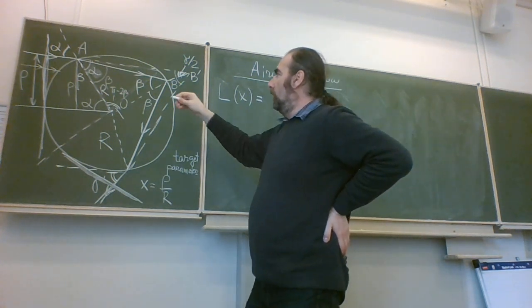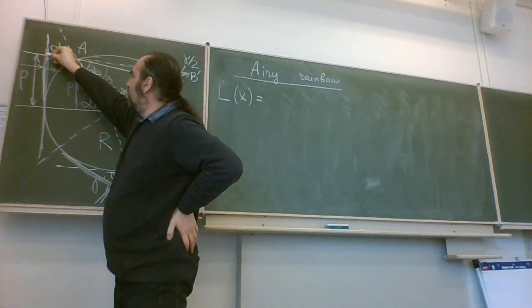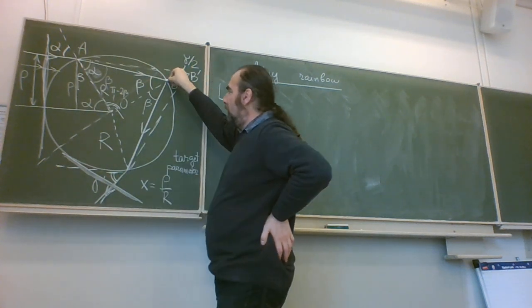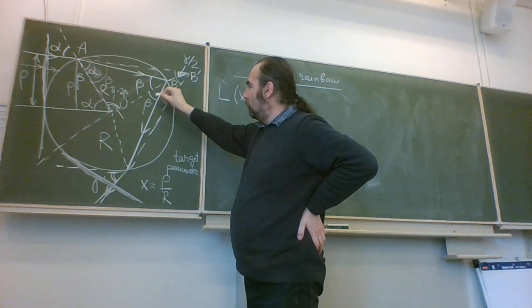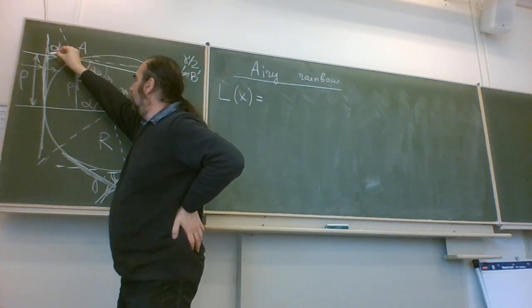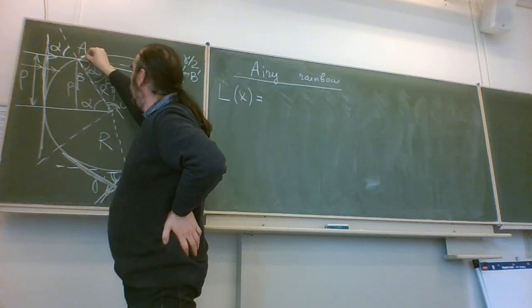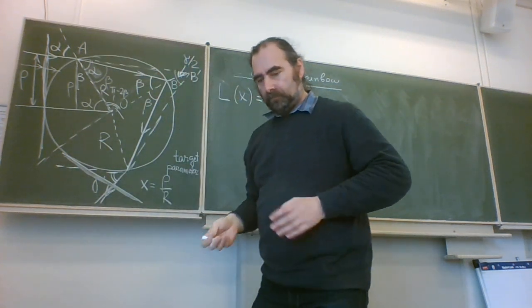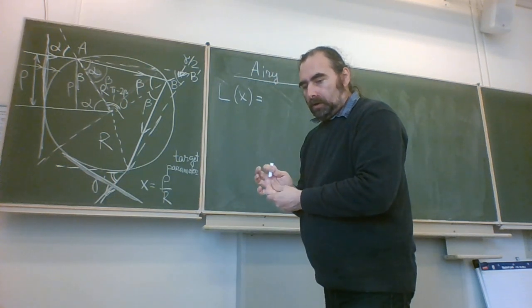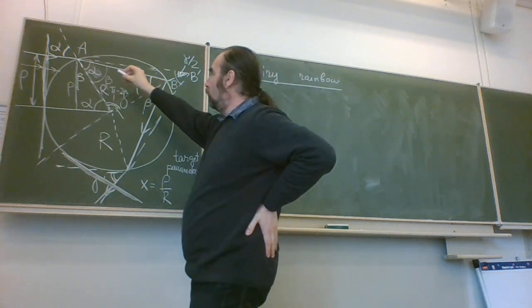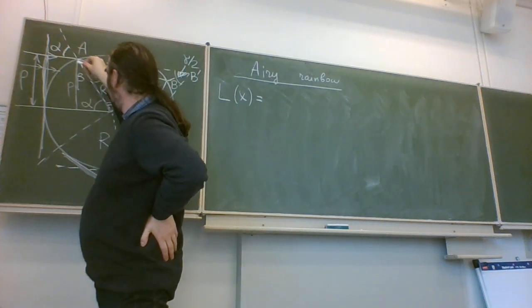First of all, I see that the distance from here to here plus from here to here is the same as the distance from here to here plus this one. So it's enough to calculate this, add this, and multiply by 2. Let's first calculate this and multiply by 2.